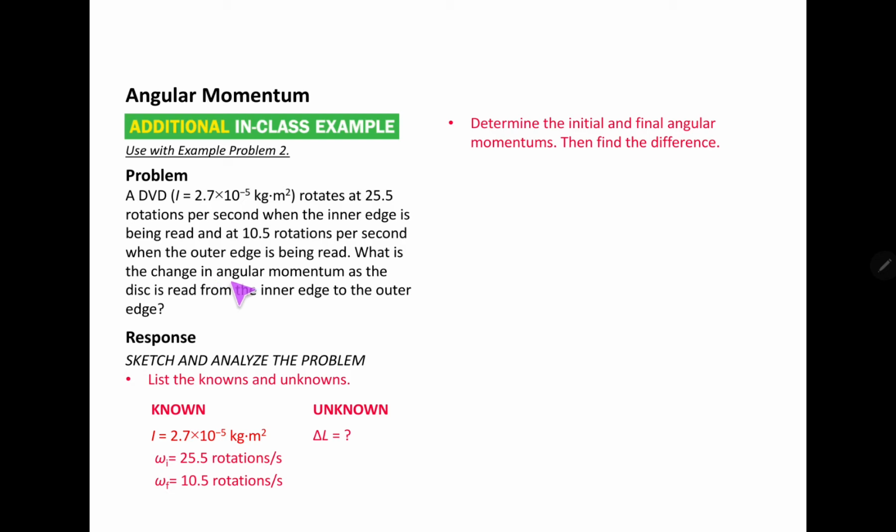What is the change in angular momentum? We need to calculate the angular momentum. So delta L is the unknown in this question. To calculate delta L, in the beginning we should find L initial and L final.